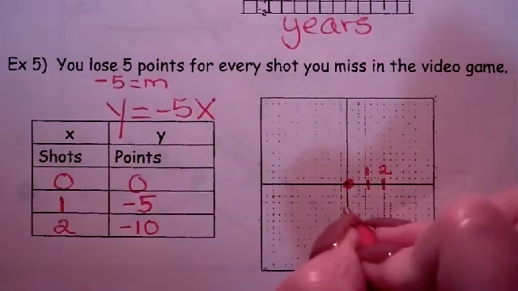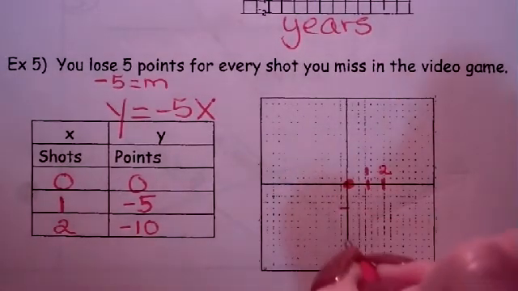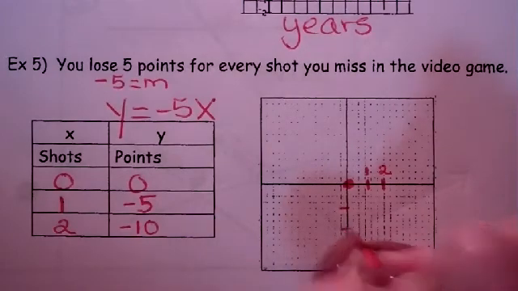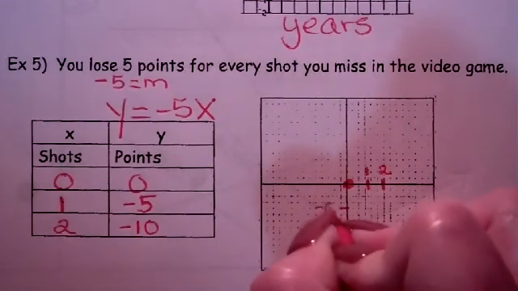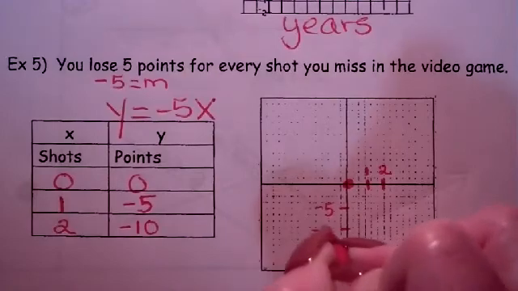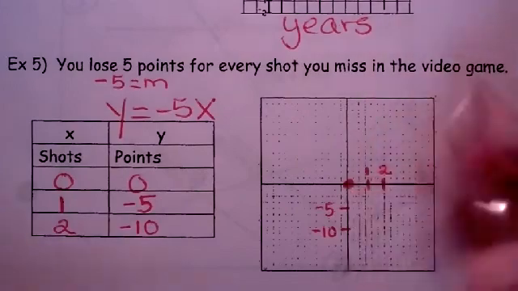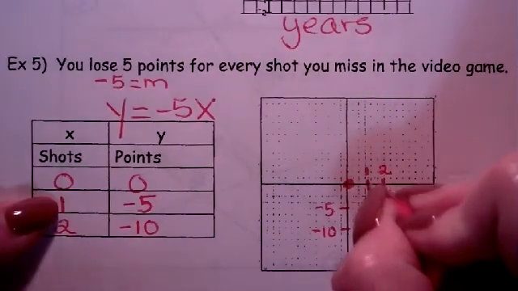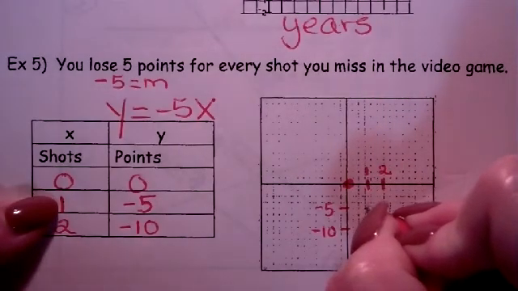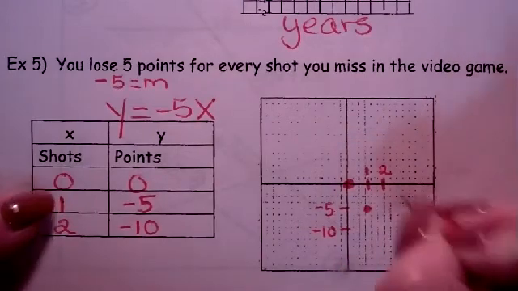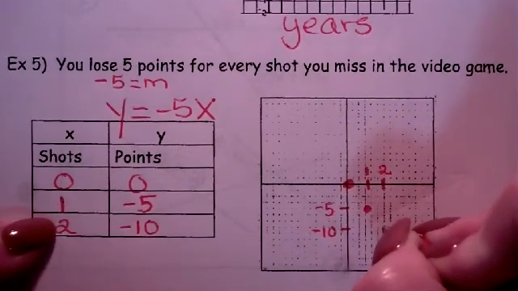Down here, about evenly spaced, because it's hard to read it, -5, -10. See what I did? I'm just estimating it, but I'm trying to evenly space them. Okay? So at 0, 0, let's graph 1, -5 right there. And then I got 2, -10 right there.